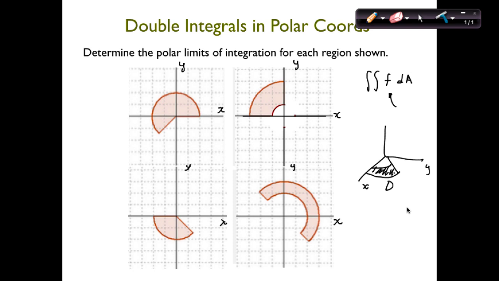Okay, so I'll take attendance, and you're figuring out the limits of integration for each of these: r1 to r2, theta 1 to theta 2. So four different problems there.